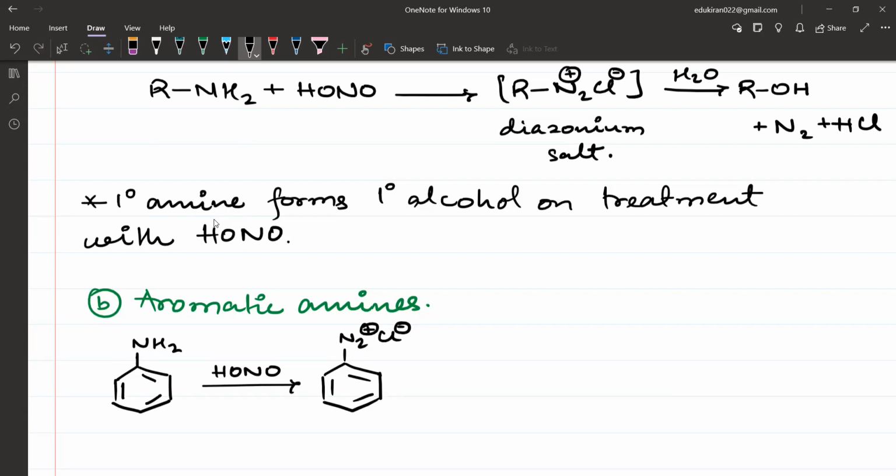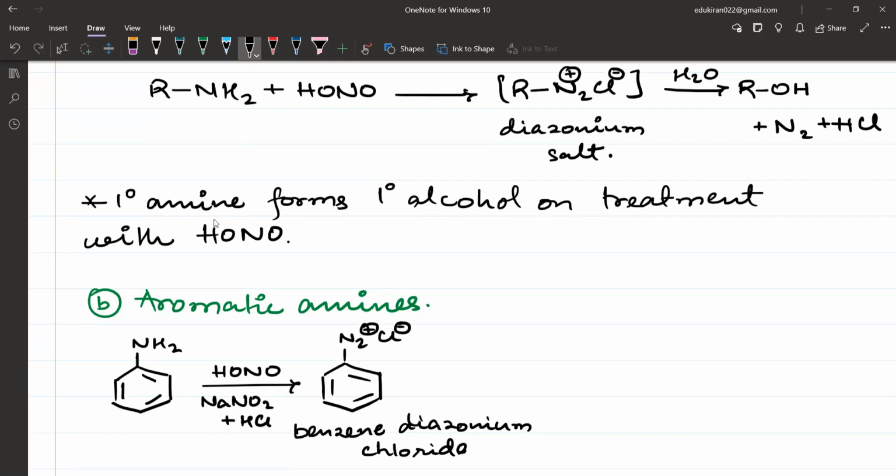Benzene diazonium chloride, you must have remembered this in the Sandmeyer reaction, haloarenes. We start with benzene diazonium salt. This is benzene diazonium chloride. You may wonder, sir, there is no Cl here, where is Cl coming from? Because HONO is prepared with NaNO2 plus HCl, that is why you will always have chlorine here. So NaNO2 plus HCl gives you nitrous acid.